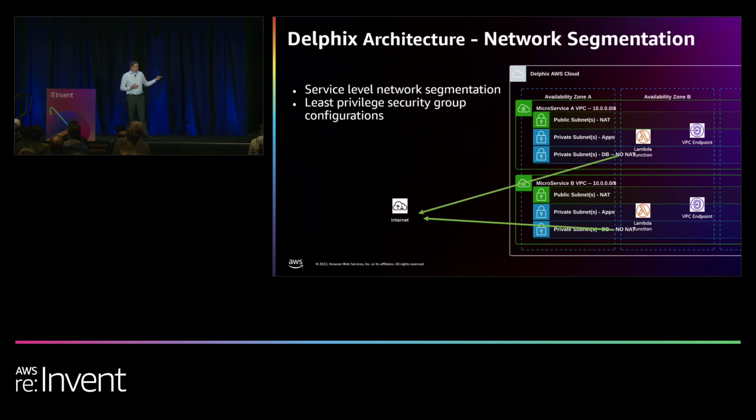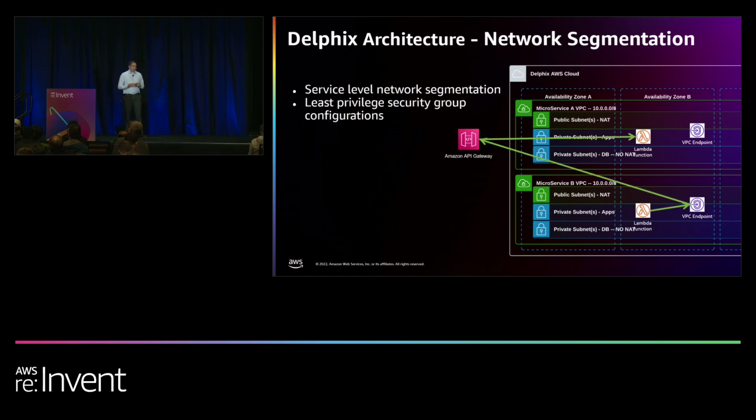Next, our database subnets have zero access to the internet, so they can't be exposed directly on the internet. And finally, for service-to-service communication, we use VPC endpoints to talk to API gateway and back to the next service for more granular network controls at every layer.